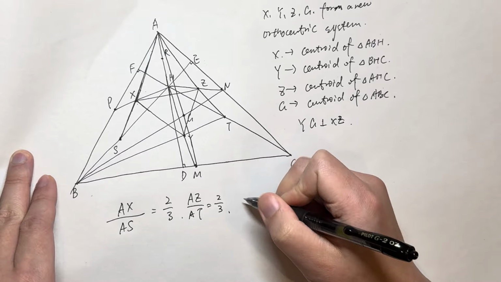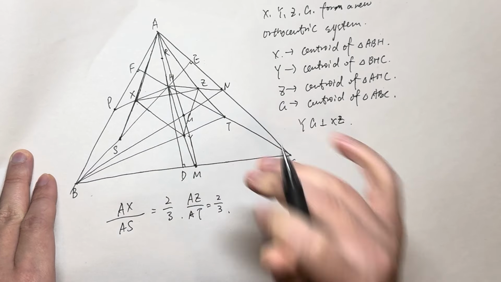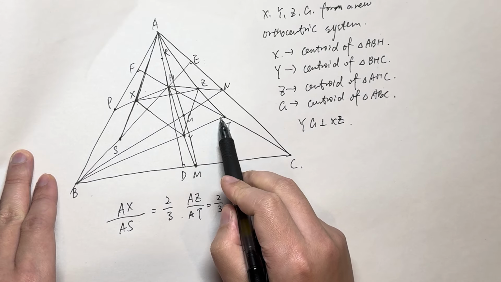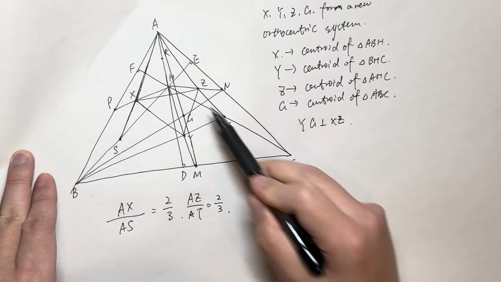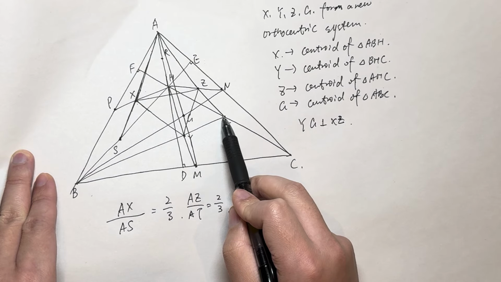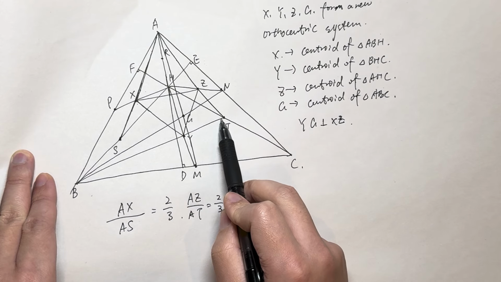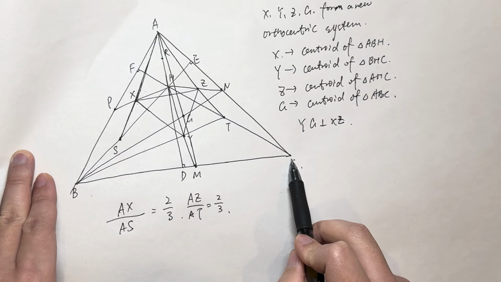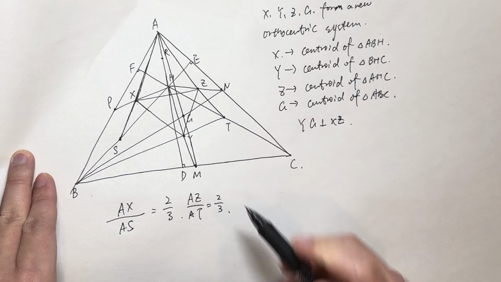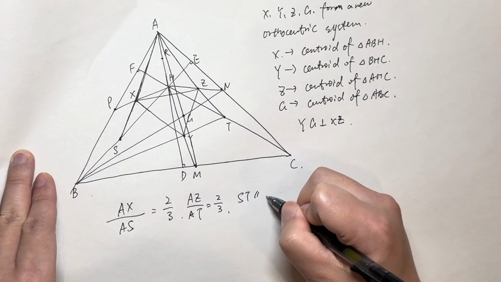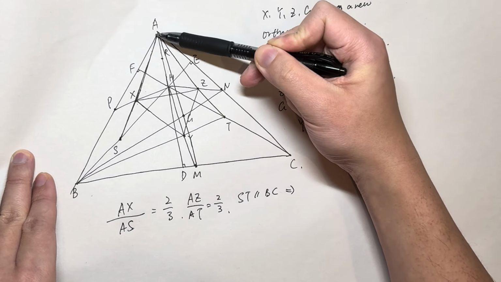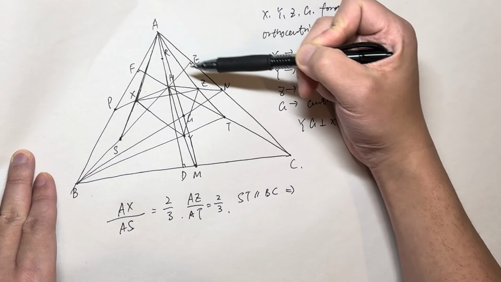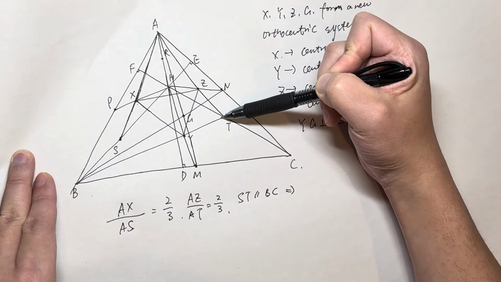And if we connect ST, just imagine, because S is a midpoint of BH, T is a midpoint of CH. If we connect ST, then we know that ST is parallel with BC, right? So we know that AX to AS equals AZ to AT.